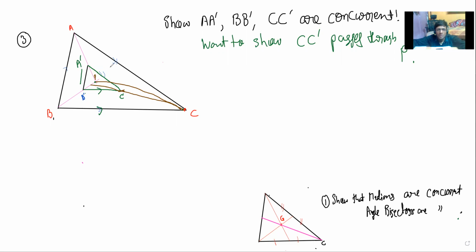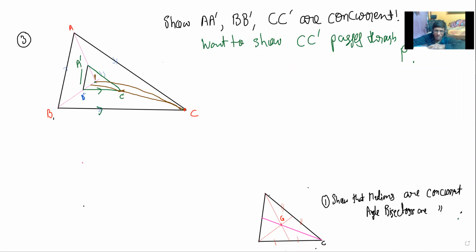The goal is to show that this PC has the same properties as CC prime, because we know that they are all the same lines in the end. I wanted to show that the line CC prime actually passes through P. But I have to go by contradiction because I cannot do it directly. So I assume it doesn't pass, so let it go somewhere else.